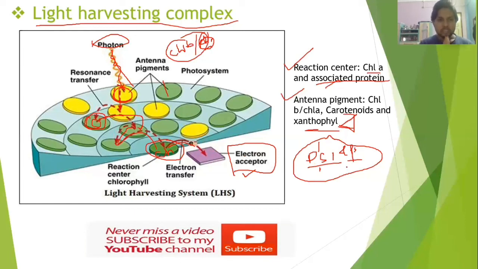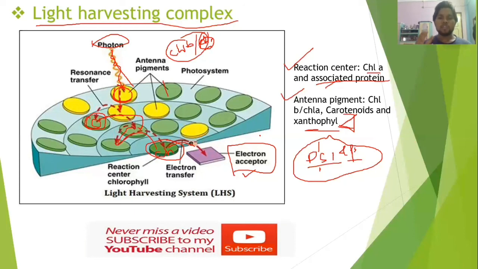So the main purpose of the light harvesting complex is to receive the light and convert it into light energy, by the carotenoids, xanthophylls and chlorophyll B or chlorophyll A of the antenna pigments. That light energy is transferred to the reaction center, where chlorophyll A and associated proteins like photosystem 1 and 2 are present. They receive the light energy and the chlorophyll gets excited and releases the electron.